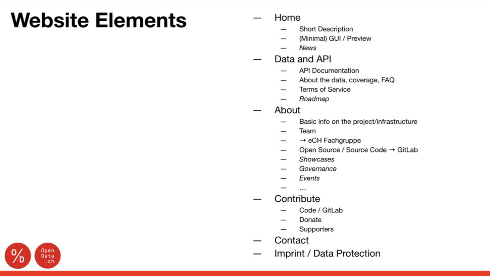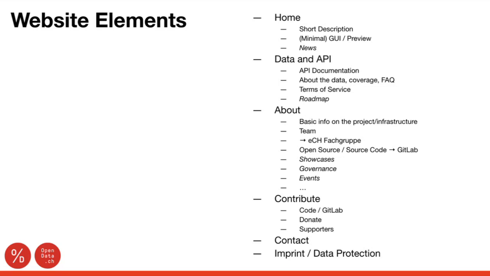Something we haven't really talked about and haven't put a lot of thought into, but that's definitely very important, are the terms of service. And then also some sort of roadmap, which could be hosted on GitLab. I think it's a bit of a TBD as well. Followed by an about section, so a bit of info on the project and on the infrastructure, for people that are not necessarily users, but for everyone.